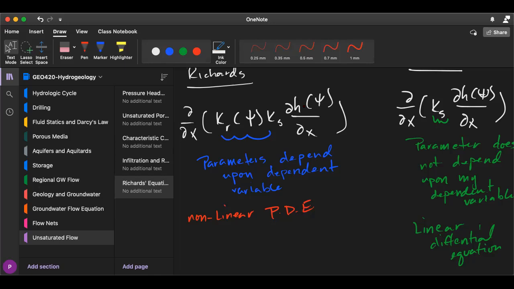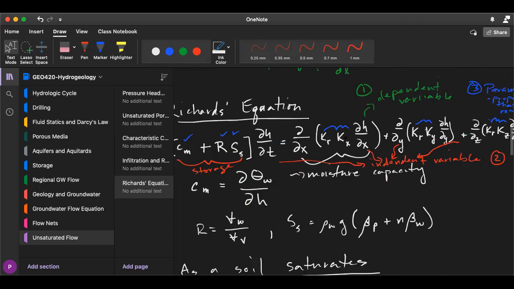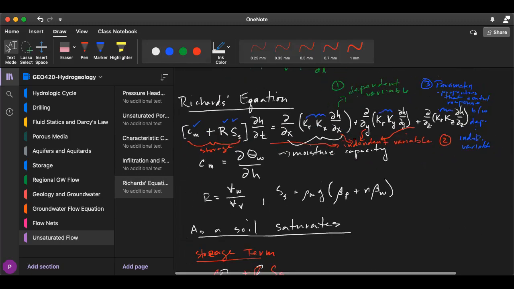So my take home for you is that one of my learning objectives of this class is that we learn to read these partial differential equations. Here we can go through and think of some things about this Richards equation. Is it transient or steady state?